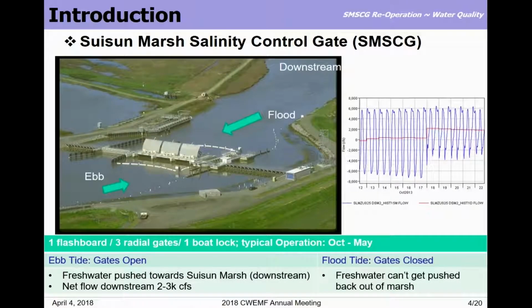I attached a flow plot here, with 15 minutes as the tidal, and the red line is the daily average. You can see this just captures the time when the gate operation happens. So you can see the freshwater net flow downstream has been elevated.